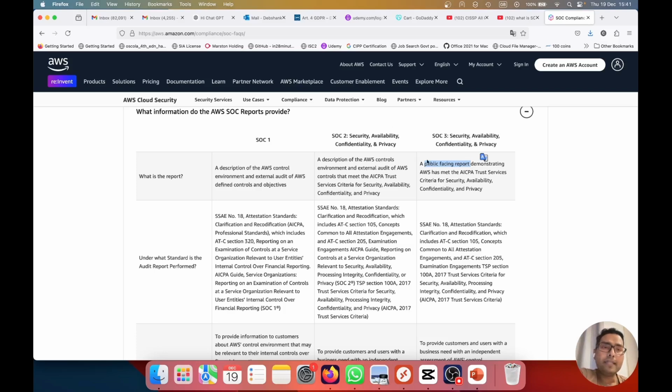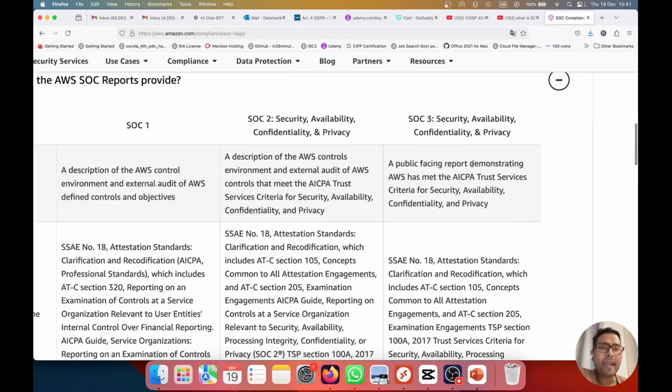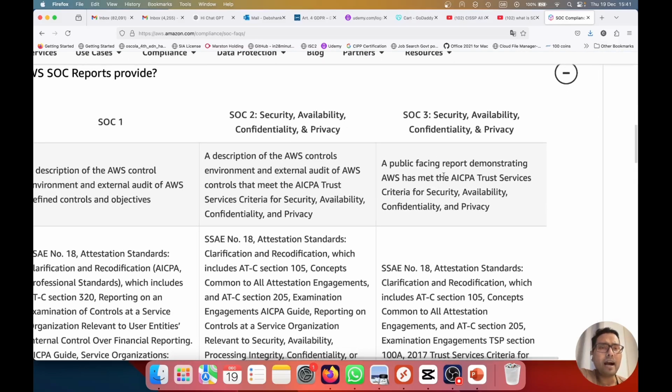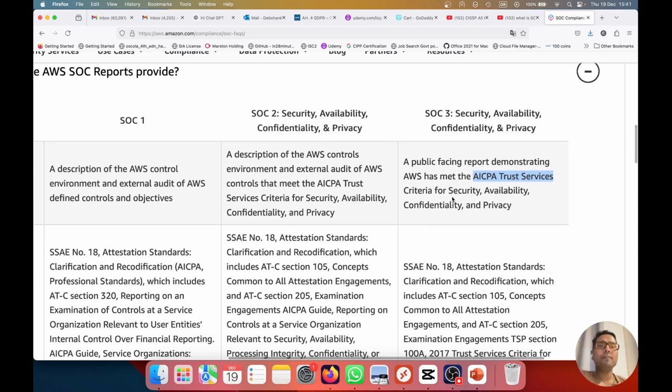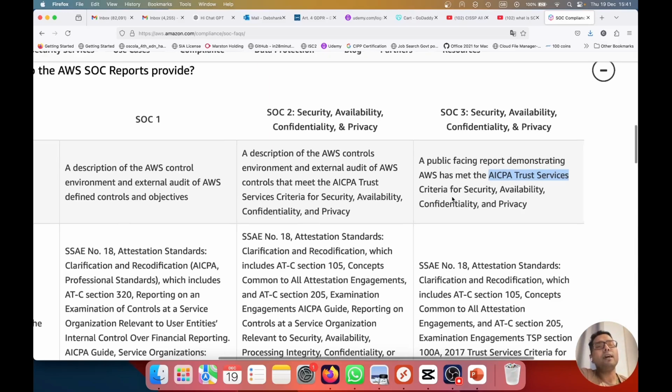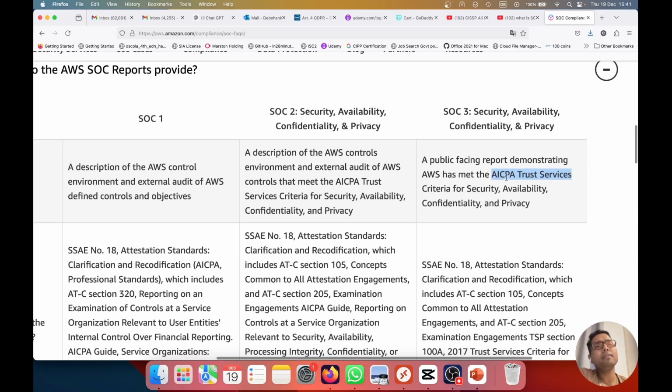But it is written here that it is a public facing report demonstrating AWS has met the AICPA trust service criteria. That means they are giving the public a report stating that AWS has met all the trust service requirements provided by the AICPA.